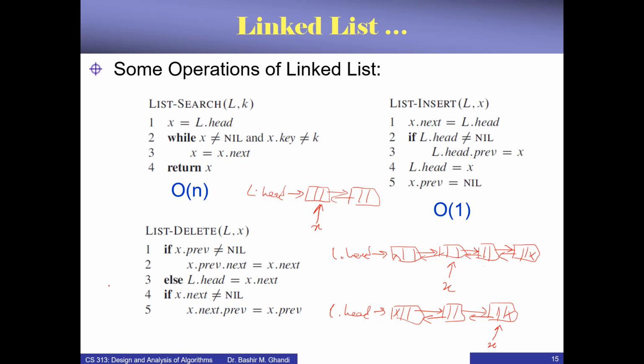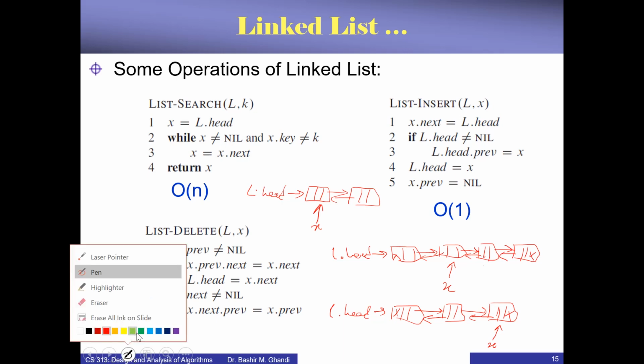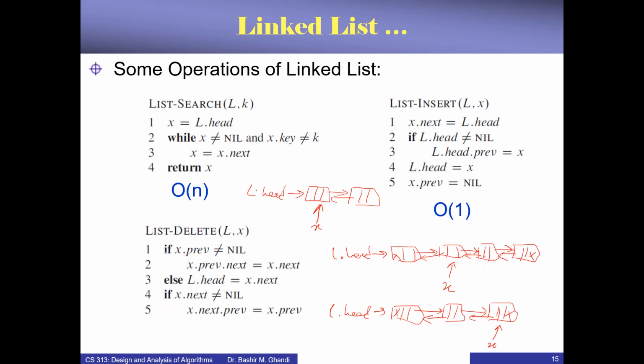So the first one says, let me change the color of my pen just to make sure you follow what I'm trying to explain. So the first line here says, if x.prev is not nil. So basically it's saying if it is not this case, because in this case x.prev is indeed nil, as you can see here.